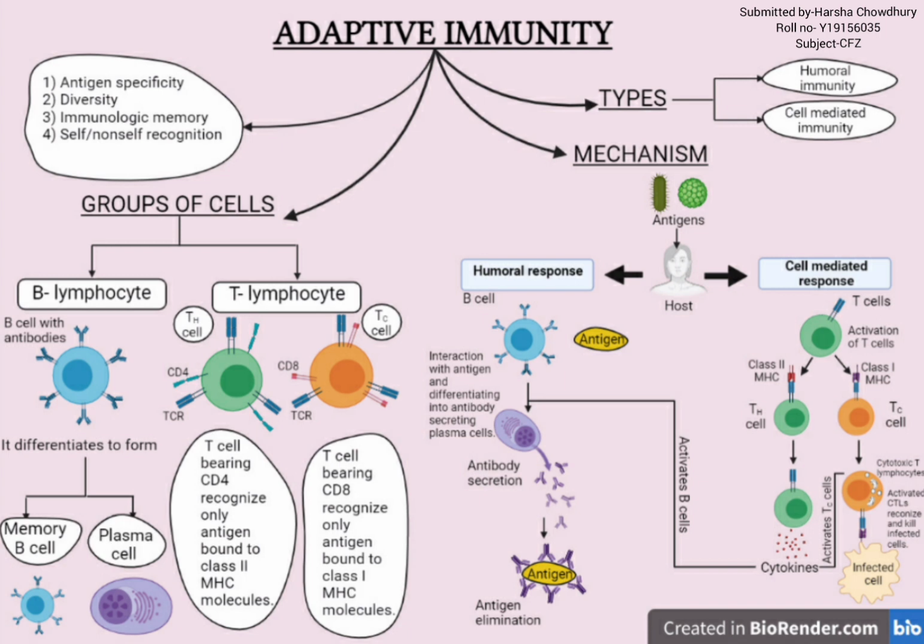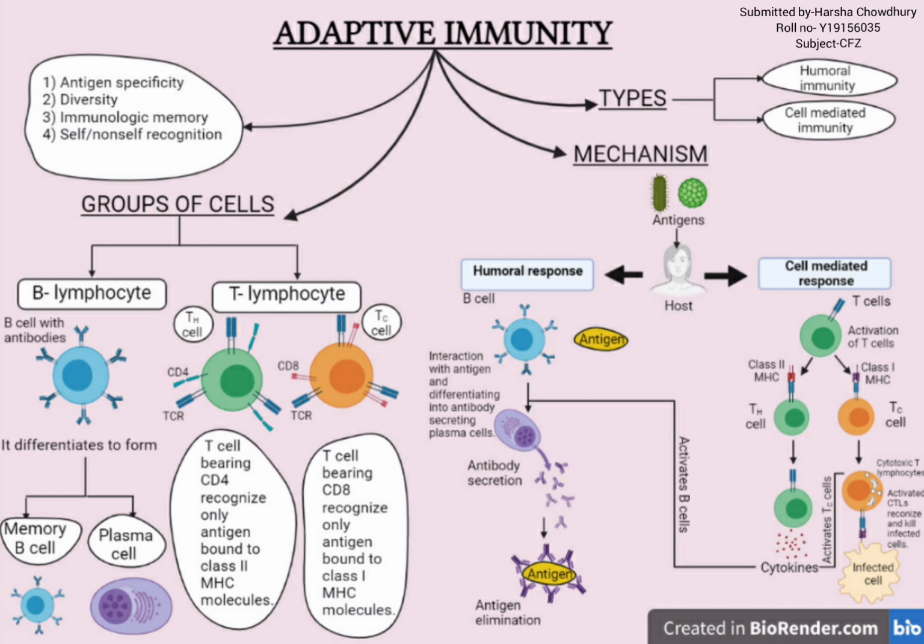Simultaneously, in humoral response, the released cytokines will induce B cells to divide rapidly, making thousands of identical clones of the B cell. As we have seen earlier, these daughter cells either become plasma cells or memory cells. The memory B cells remain inactive, and later when these cells encounter the same antigen, they divide and form plasma cells.